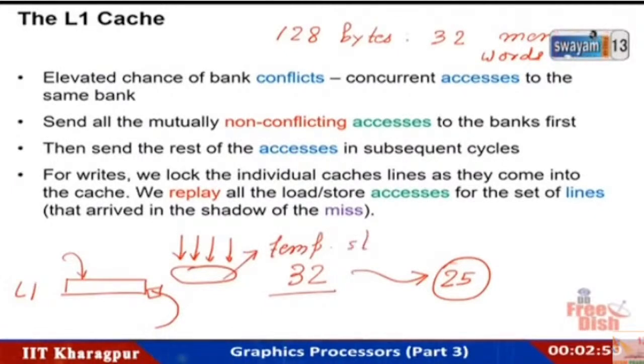The temporary structure will hold on to all of the outstanding reads and writes. And the moment the block comes from the lower level, we'll replay all the load-store accesses for the set of all the lines that arrived in the shadow of the miss. Which means, when the miss was being serviced from the lower level, whatever reads and writes we got, we immediately apply them to this block over here.